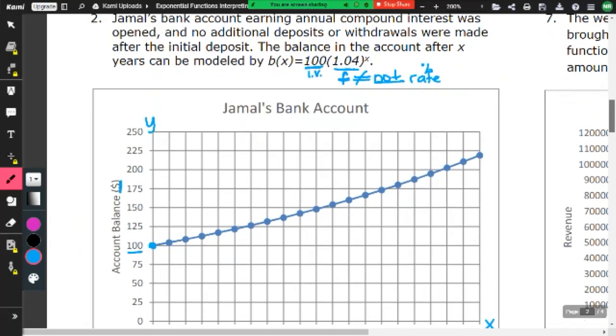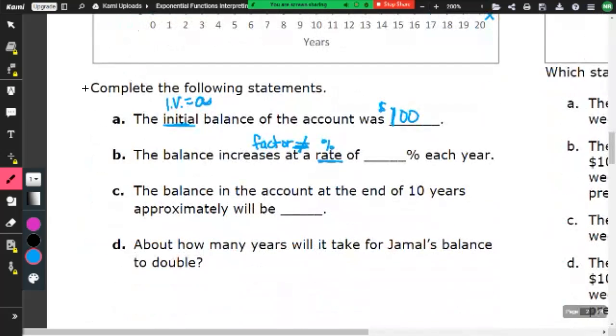Ready? All right, so let's write that formula. 1 plus or minus the rate equals my factor every time. 1 plus or minus the rate equals my factor. Is this one increasing or decreasing? Increasing. So because it's increasing, we have that plus sign.